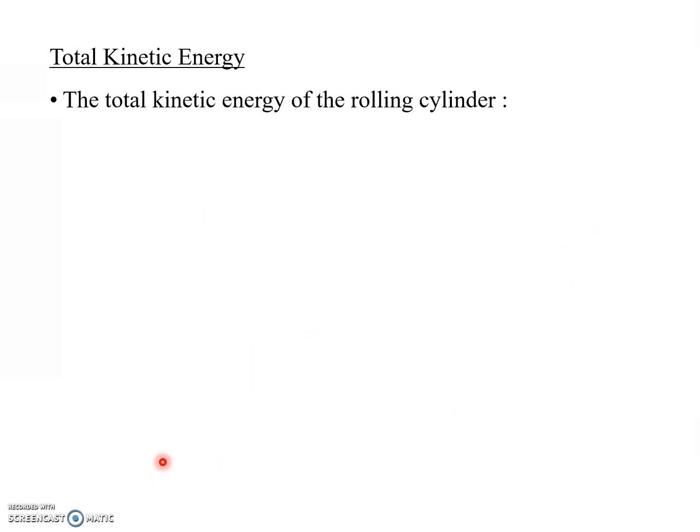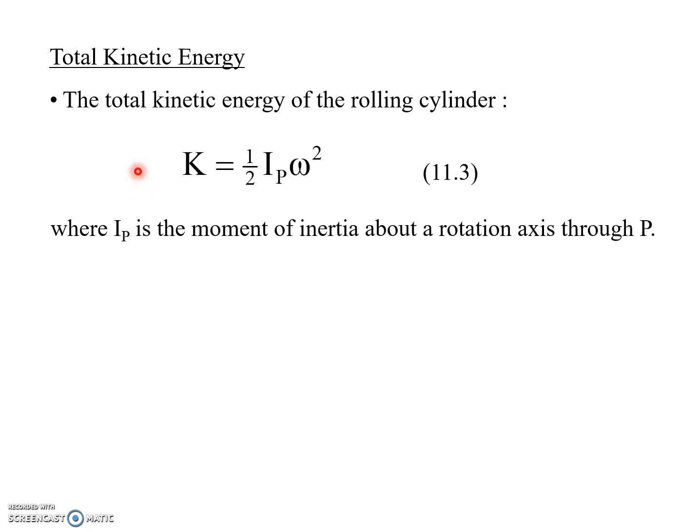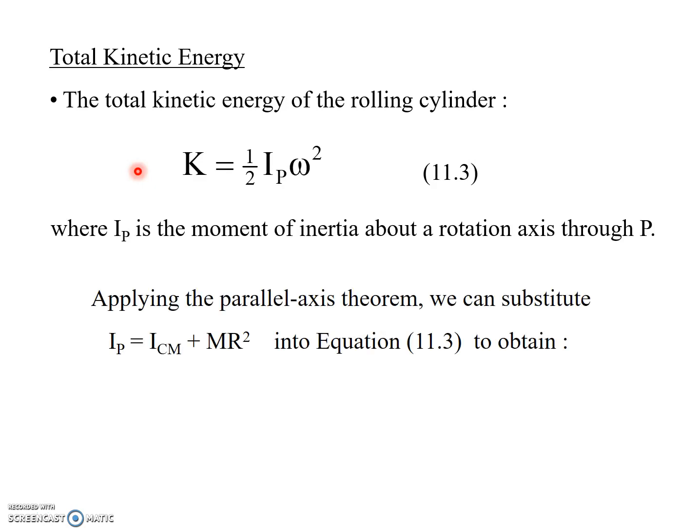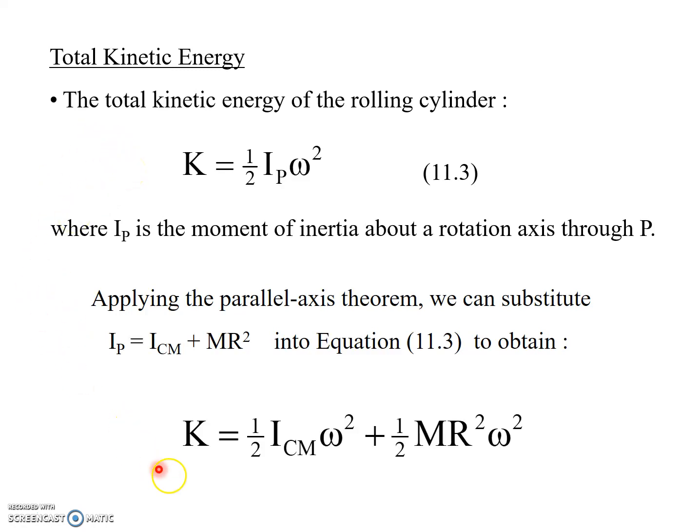For the total kinetic energy of the rolling cylinder, we have K equals 1/2 I_P omega squared, where I_P is the moment of inertia about a rotation axis through P. If we apply the parallel axis theorem, we can substitute I_P equals I_CM plus M R squared into equation 11.3 to obtain K equals 1/2 I_CM omega squared plus 1/2 M R squared omega squared.